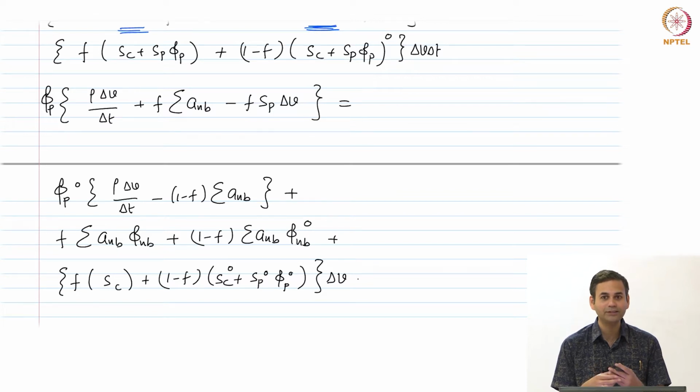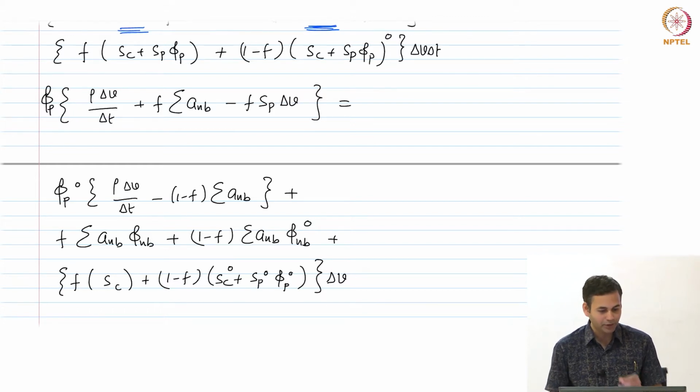In that context, SC 0 would be different from SC 1, because you would be using the star values as you update your SC 0s, and SC 1 will remain the same, right. You see that. So, you have to understand the difference between SC and SC 0 in the context of time stepping schemes, okay. We will come back to that later when we write down the equations. So, as a result it is not the same.